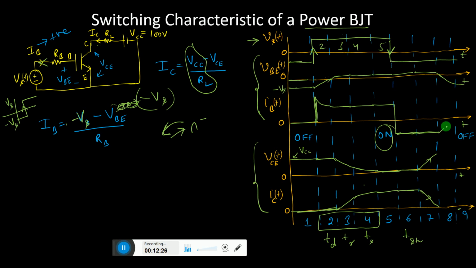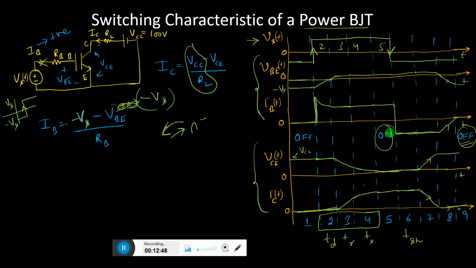IB will come to the 0 value, and the collector emitter voltage is still blocking with the VCC, and the current is now stopped. In stage 9, it is completely in the off state.